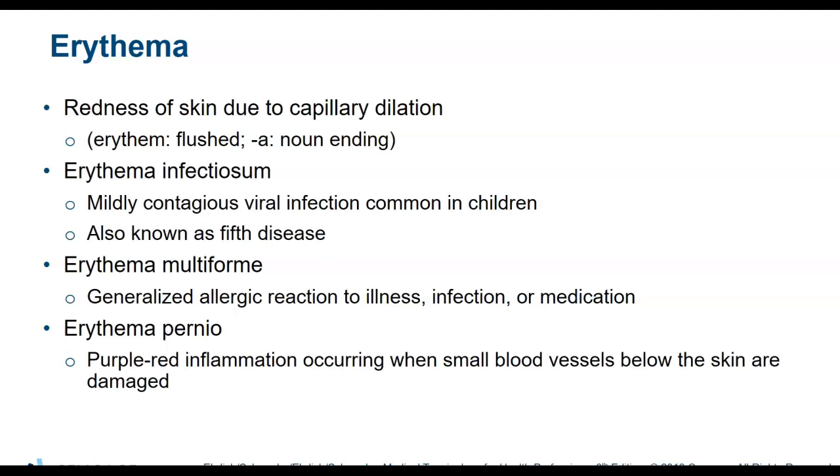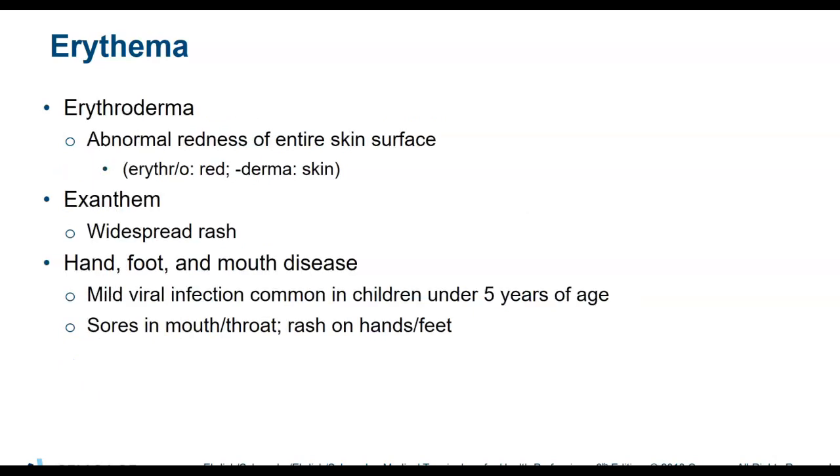Erythema multiforme is a general allergic reaction to an illness, infection, or medication. And erythema pernio is a large red-purple inflammation. It's when small blood vessels below the skin are damaged. Erythroderma is going to be a redness of the entire skin.